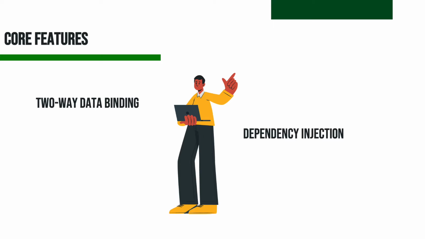Dependency injection simplifies unit testing, promotes loose coupling, and allows for the efficient management of shared resources and state within an application. Templating. Angular provides powerful templates that allow you to define the structure and behavior of your application's UI.